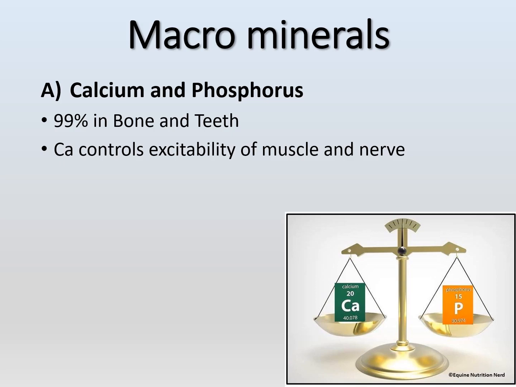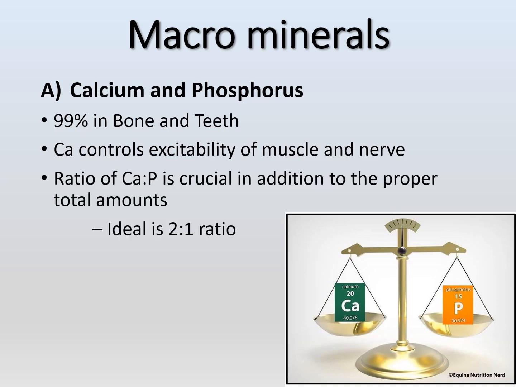So nerve impulses, muscle contraction, right? So all those things utilize calcium and the calcium ions, right? So we get those calcium ions from breaking them down from our bones. So the source in our body is the bones.